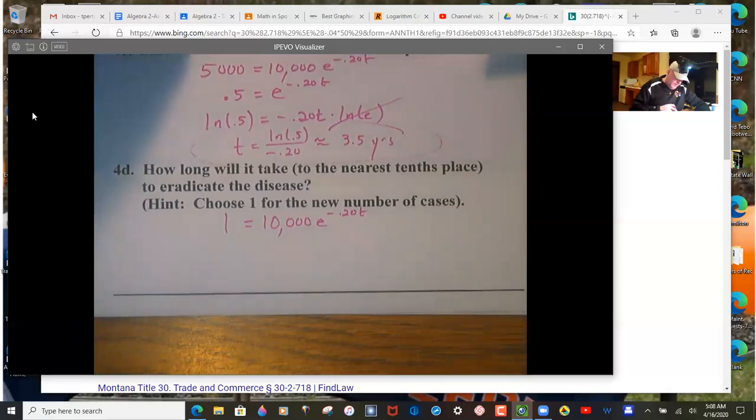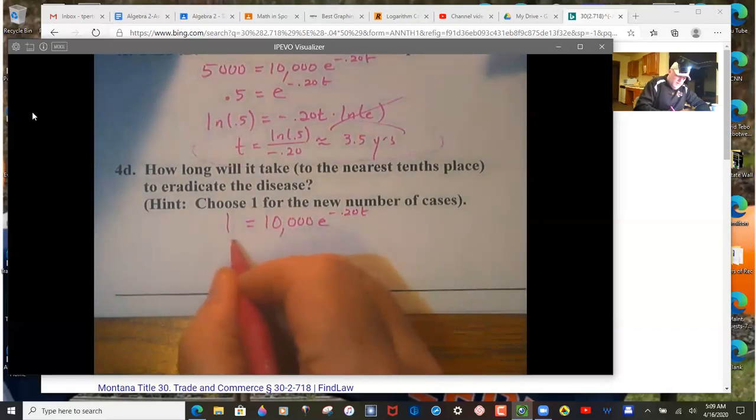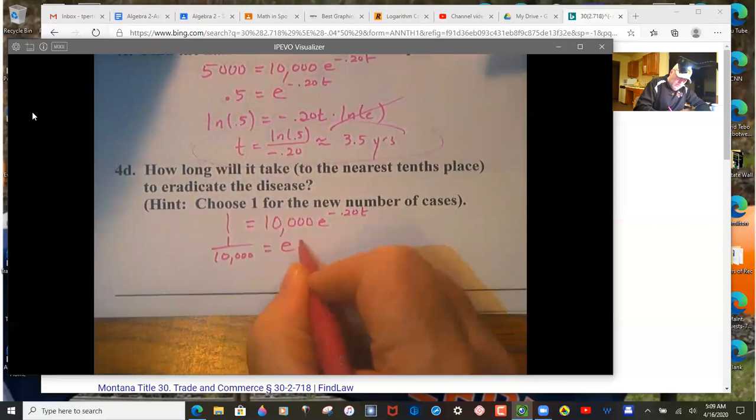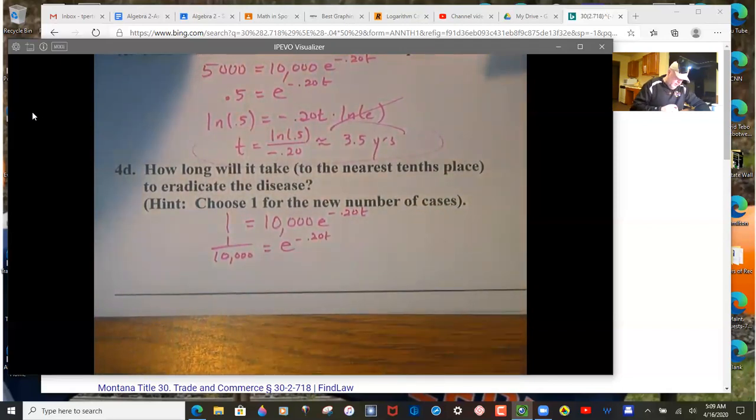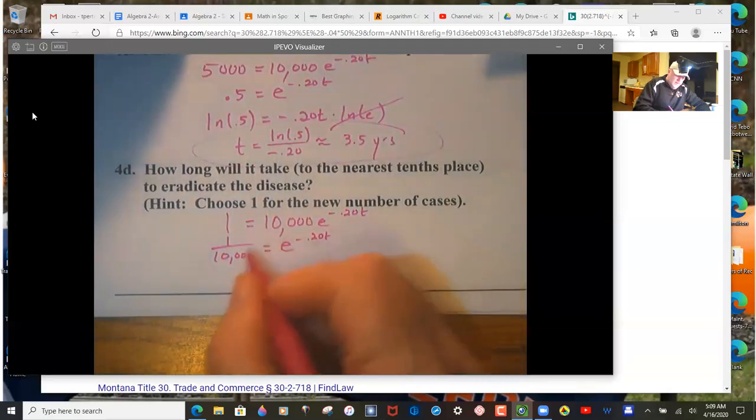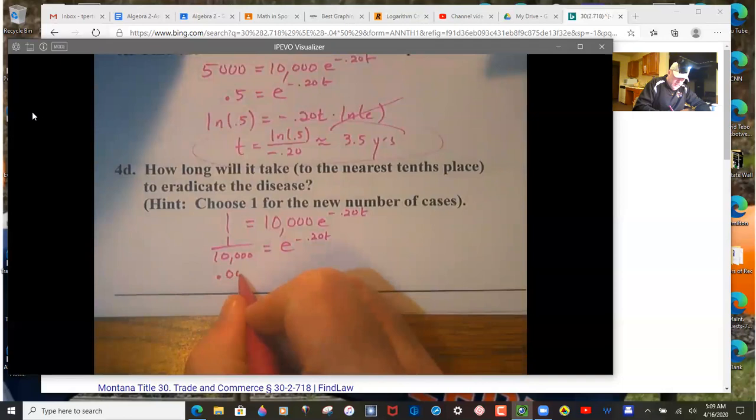So there's what you would do. And then 1 over 10,000, which is going to be 0.0001. So it's the same work over and over to get at r or t. So this will be 0.0001.